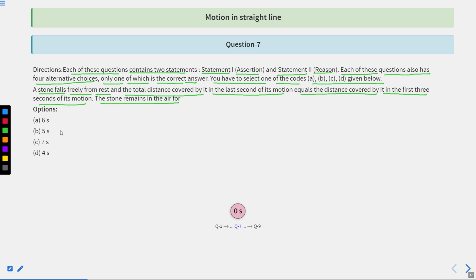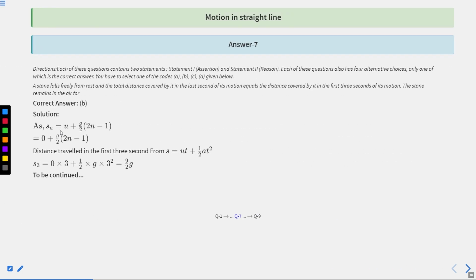Let's see the solution. According to the question, the stone falls freely from rest and the total distance covered by it in the last second of its motion is equal to the distance covered in its first 3 seconds of motion.